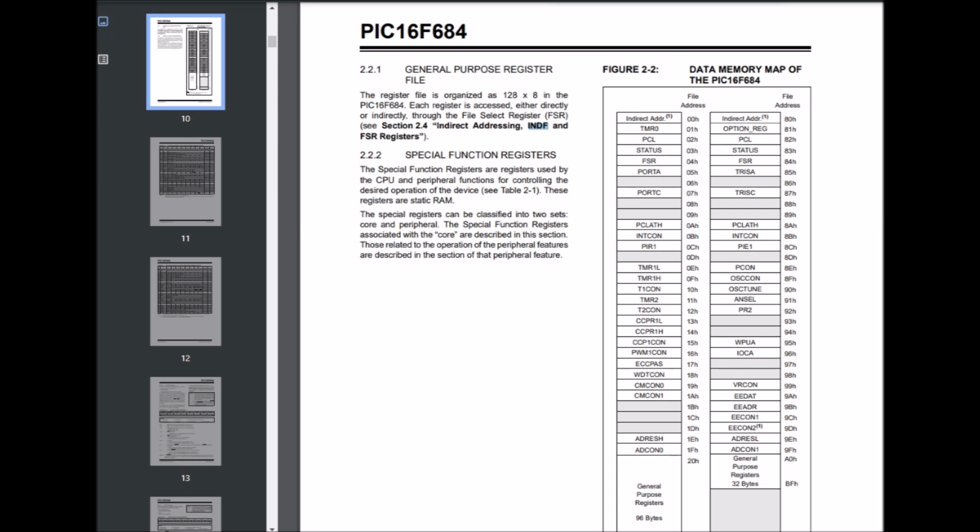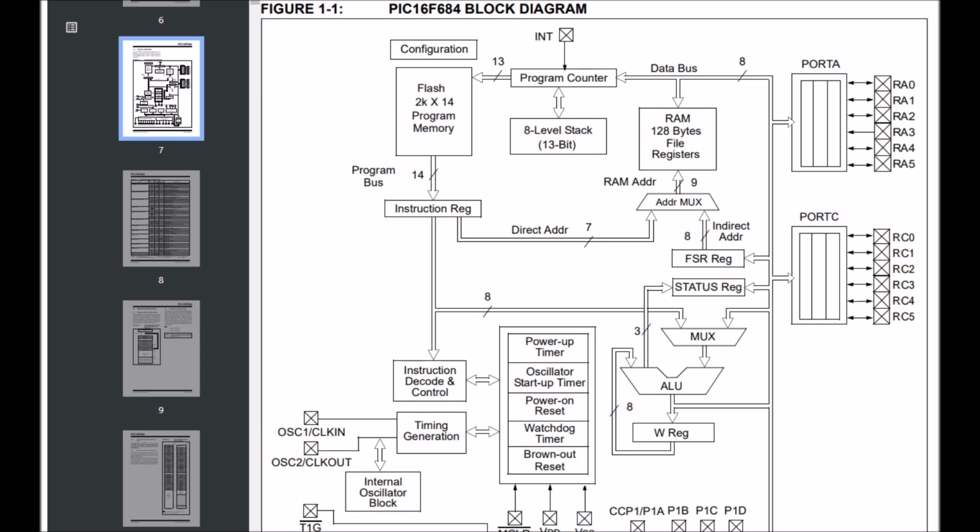The FSR points to these memory locations during indirect addressing. Instruction decoder. The instruction decoder decodes the instructions that involve indirect addressing and manages the interaction between the FSR and the INDF.